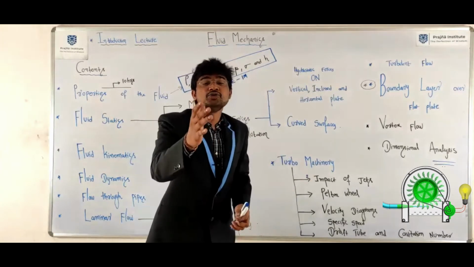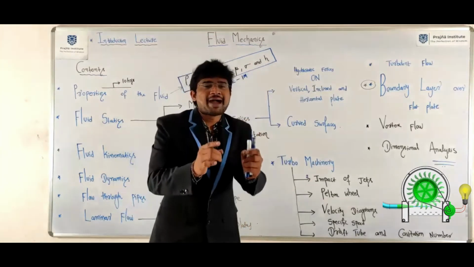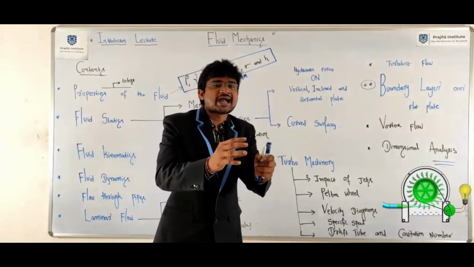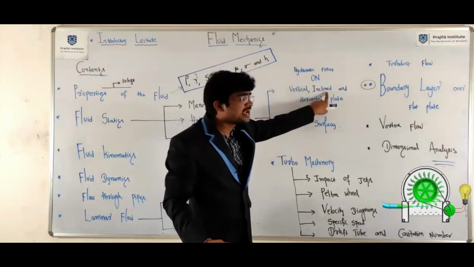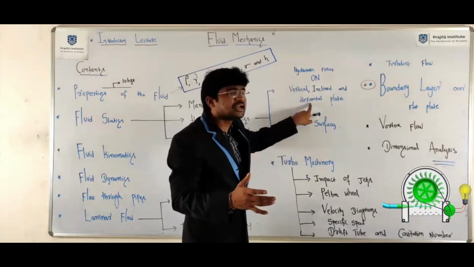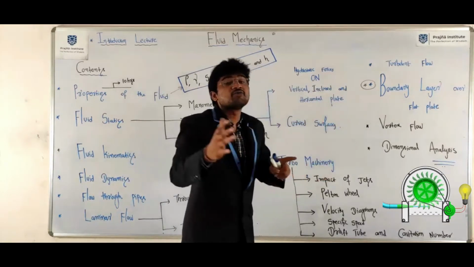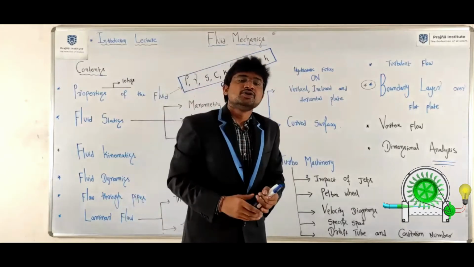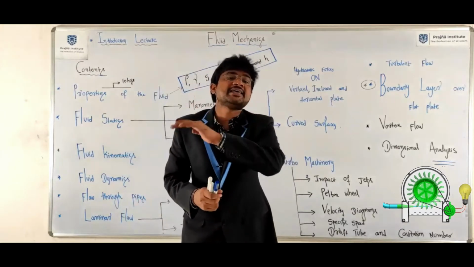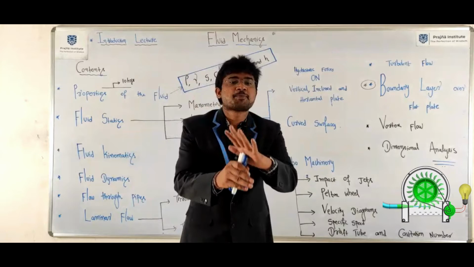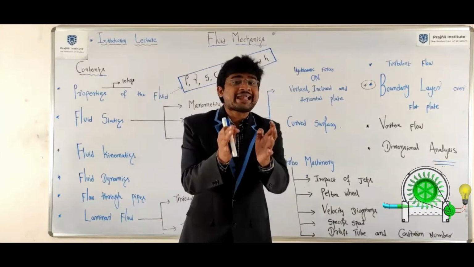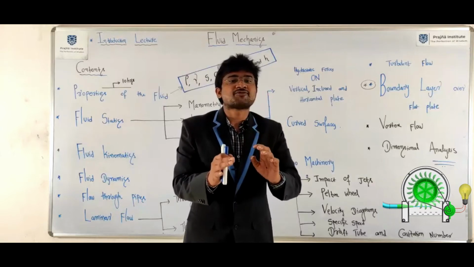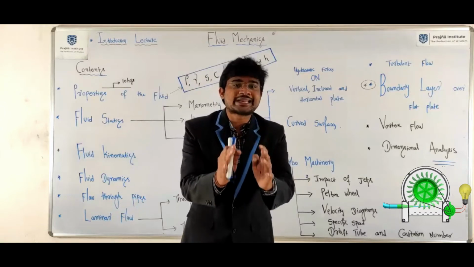In that, you need to calculate the magnitude of hydrostatic force acting on a vertical gate, inclined gate, and horizontal gate, finally curved gate, so that you can happily design the gate in a proper way. You should have full command on the magnitude of hydrostatic forces on a particular gate.